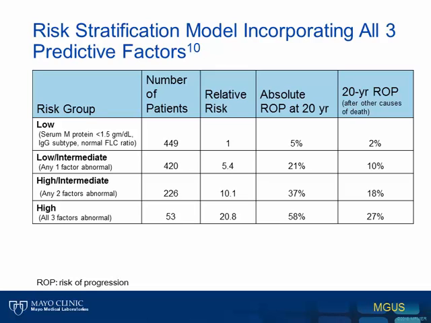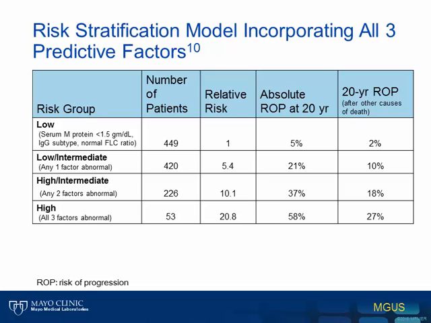We have used these 3 serum-derived prognostic factors to construct a risk stratification model for the progression of MGUS to multiple myeloma. This model is based on the presence of 0, 1, 2, or 3 adverse factors. The lowest risk group has 0 adverse risk factors: a small M spike less than 1.5 grams per deciliter, IgG heavy chain, and a normal free light chain ratio.